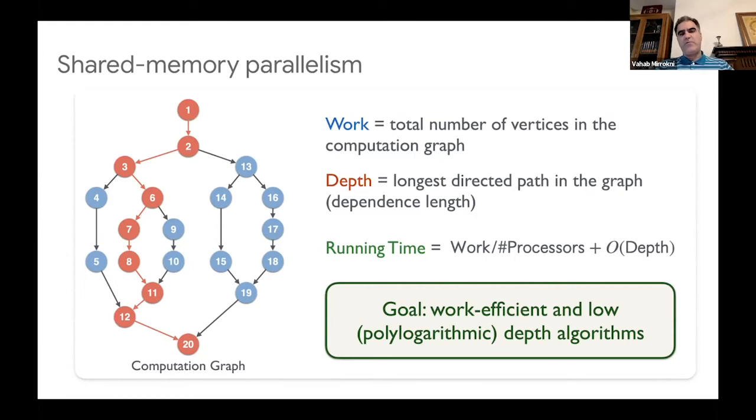Our goal is an algorithm where the total work is near linear, but we also want to minimize the depth of the computation graph. The running time is the order of this depth plus the total work over the number of processors.